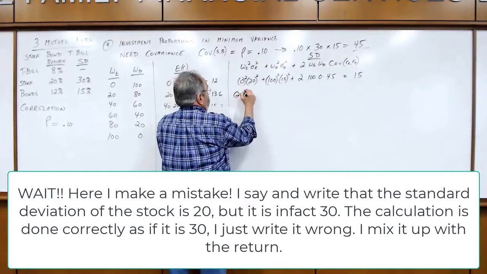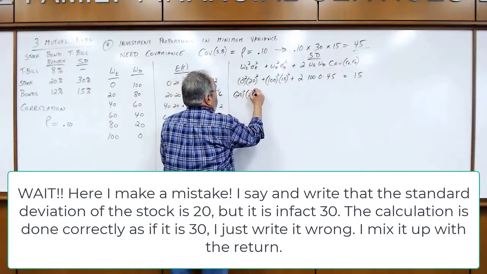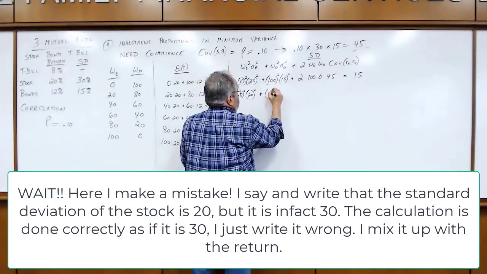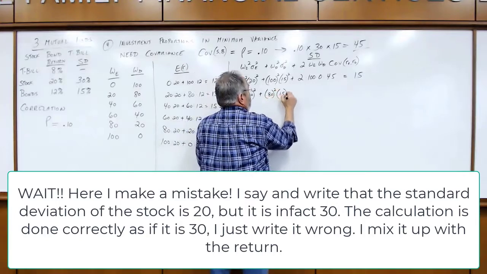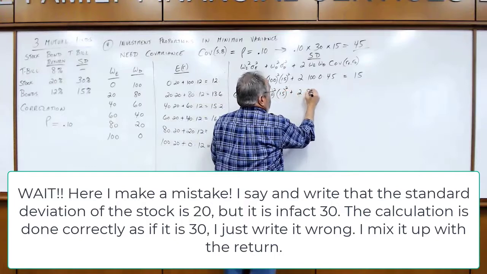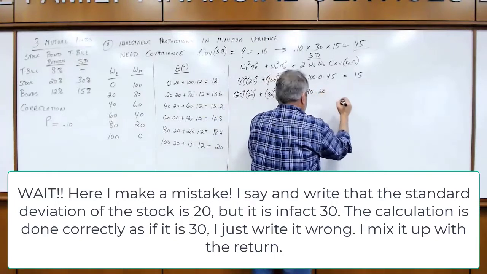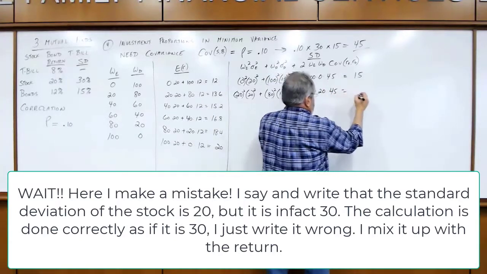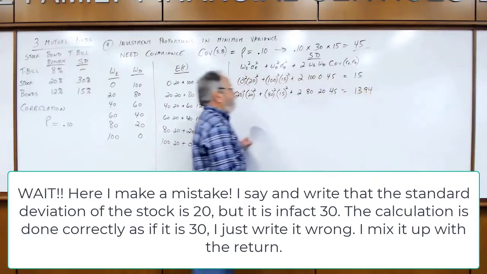20 squared, 20 squared, 80 squared, 15 squared, 2 times 80 times 20 times 45, 13.94.